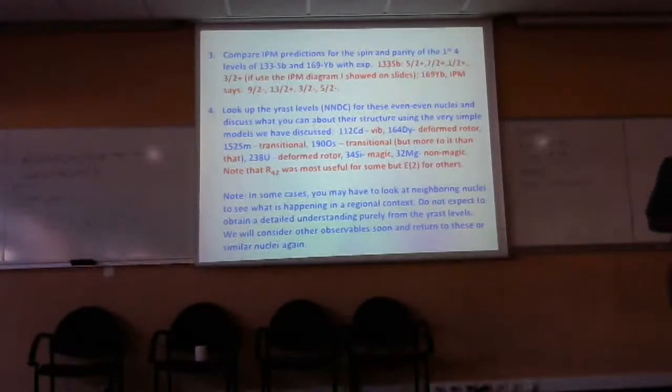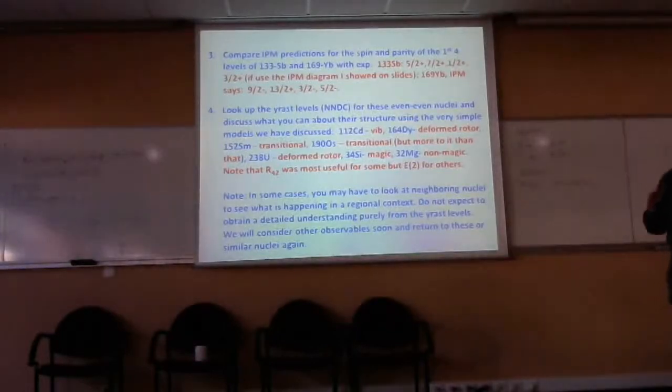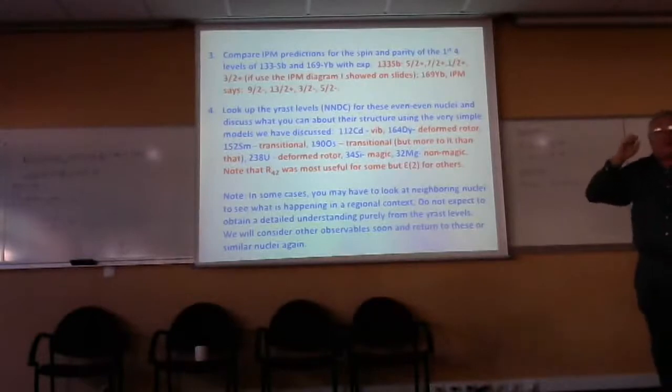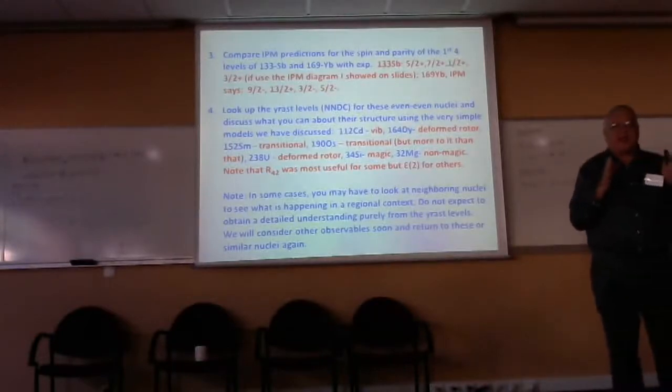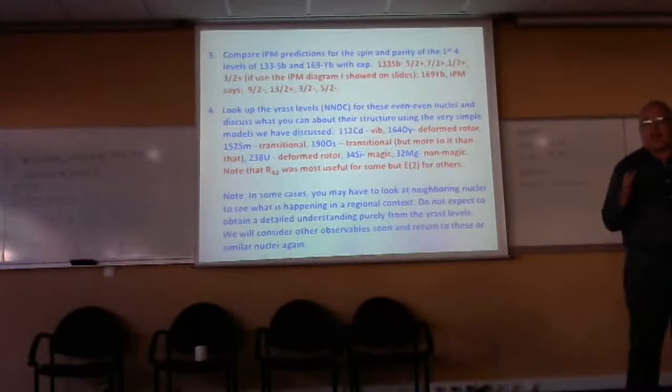And if you remember when I showed you the independent particle model diagram of levels with the magic numbers, I said, don't believe these. I mean, don't take them as coming from the mountaintop. They're a snapshot for a given mass, and they will change with mass.